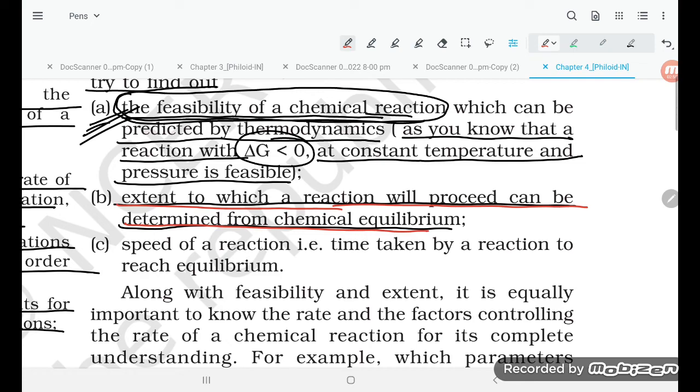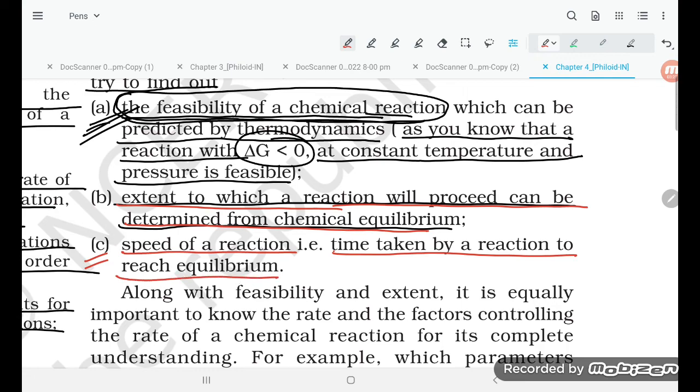So how much the chemical reaction is going to take place, up to what extent the reactant is going to convert into product, will be determined by the chemical equilibrium. And now the third point you see, students, is the speed of chemical reaction, that is, the time taken by the reaction to reach equilibrium.